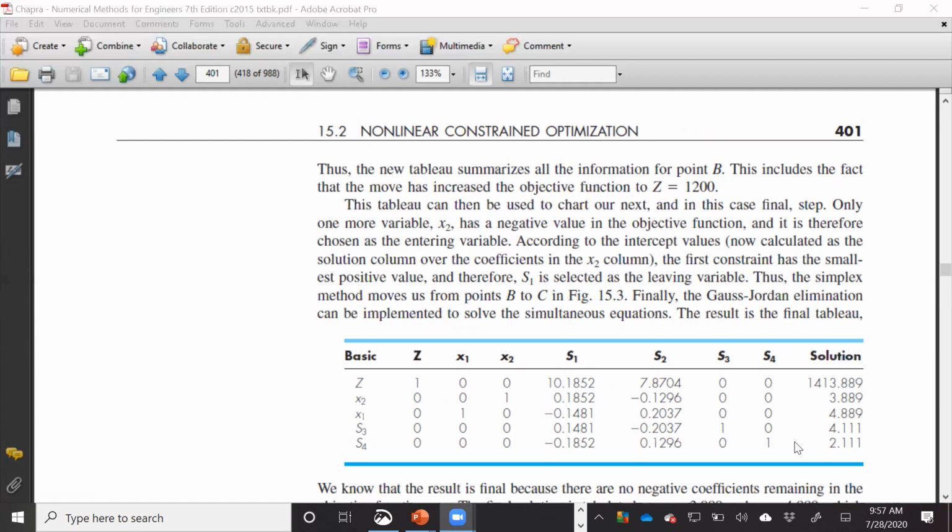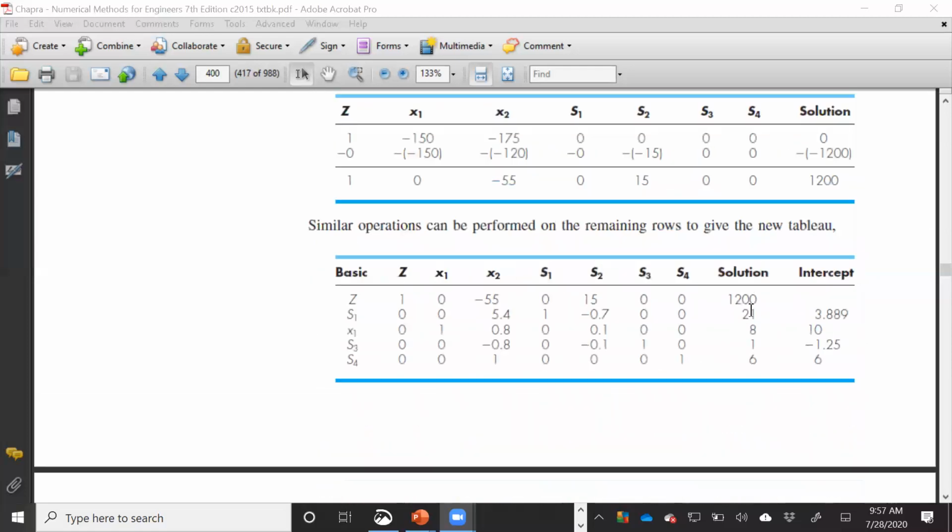The intercept: you will take the solution, the new value of the solution, divided by x2.